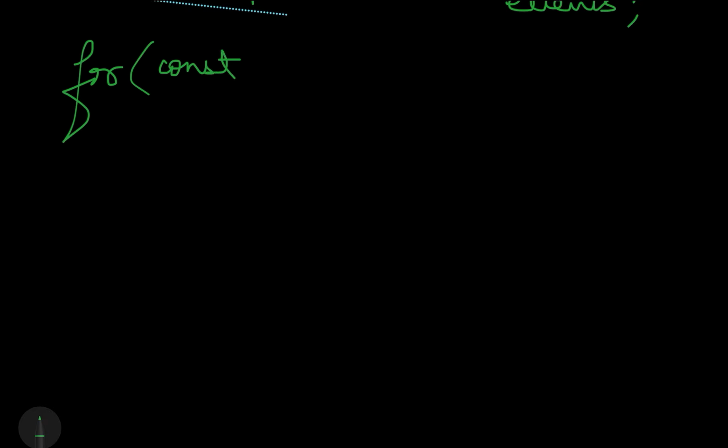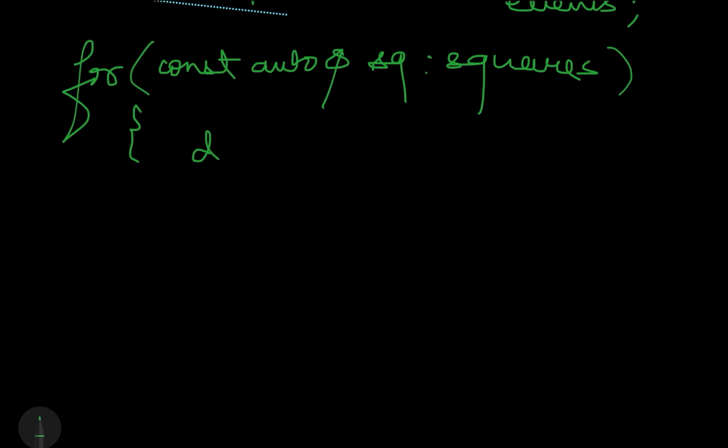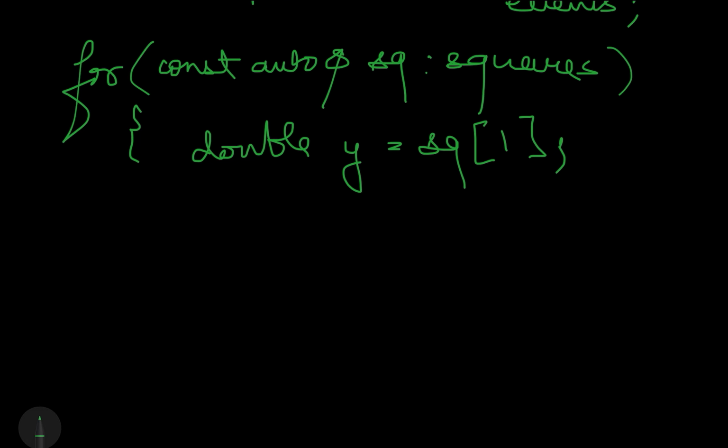Then we'll iterate through our squares matrix in which all the triplets of the squares are given, that is x1, y1 and l1. Okay, we'll define a variable over here in which we'll store the y value and our length.